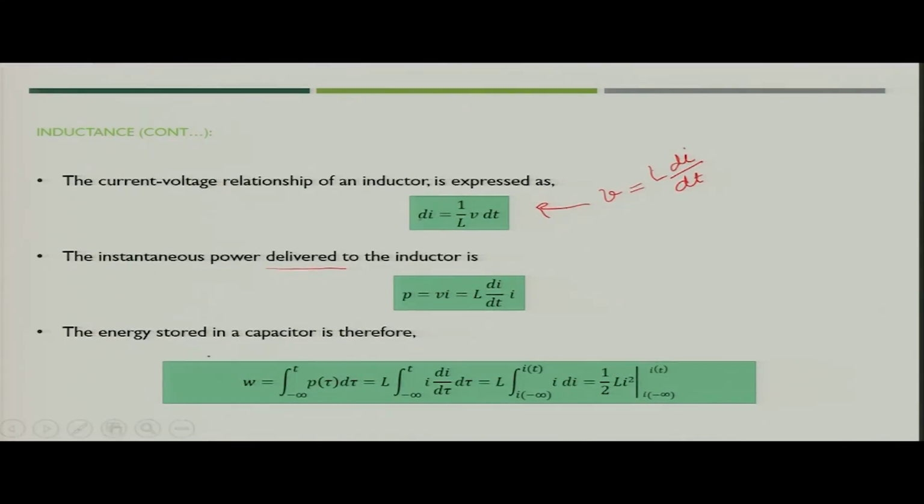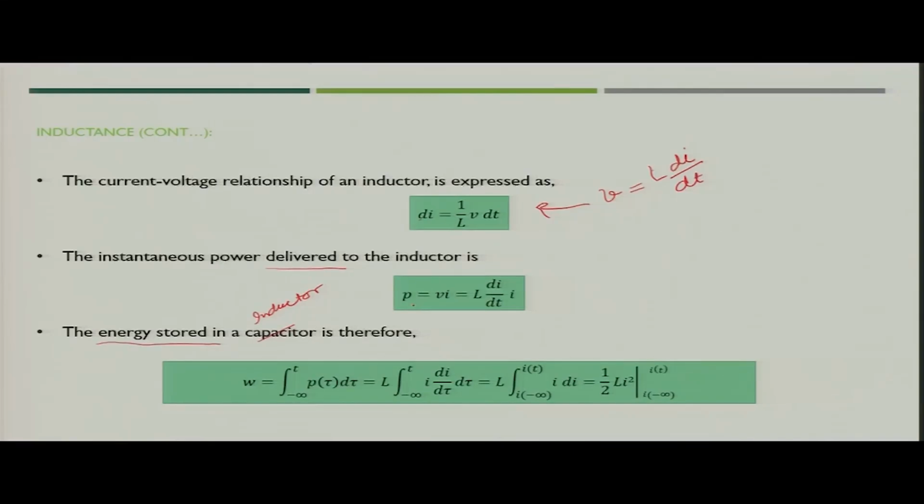If you are asked to find out how much energy has been stored in an inductor, not a capacitor, W is nothing but the integral from minus infinity to t of p(tau) d tau, because let us say we are trying to find the energy stored at time t.